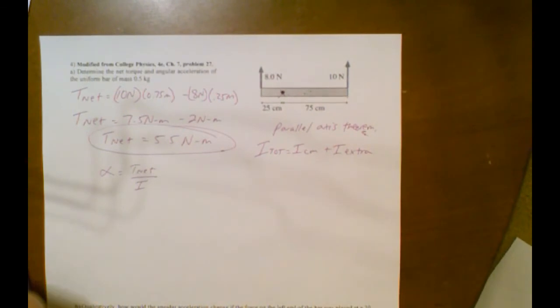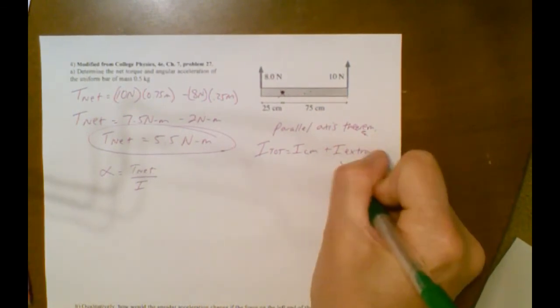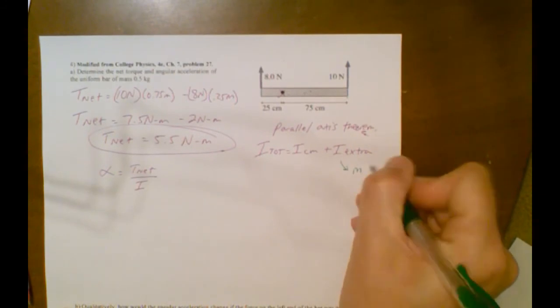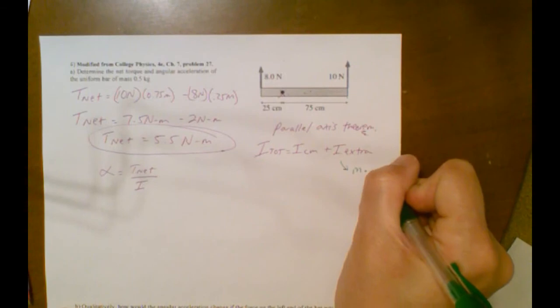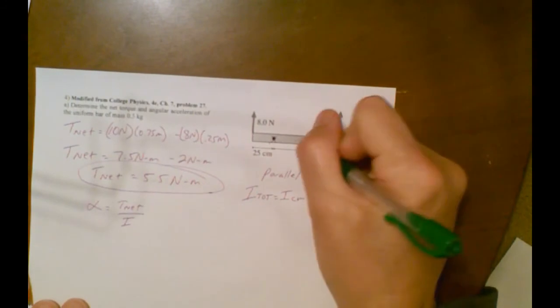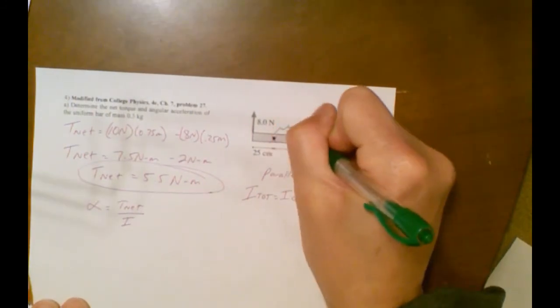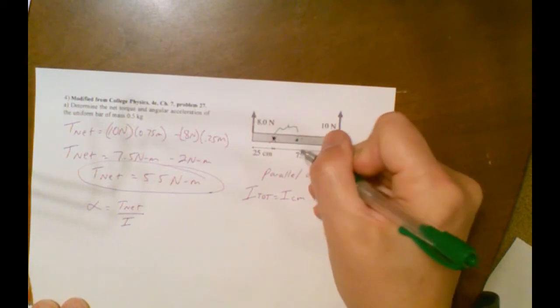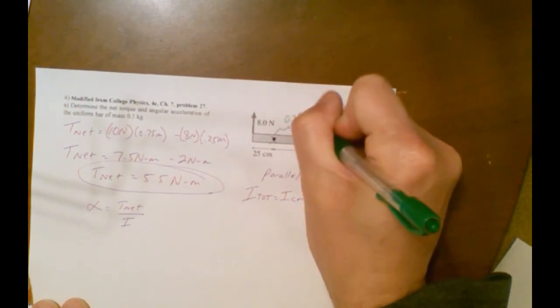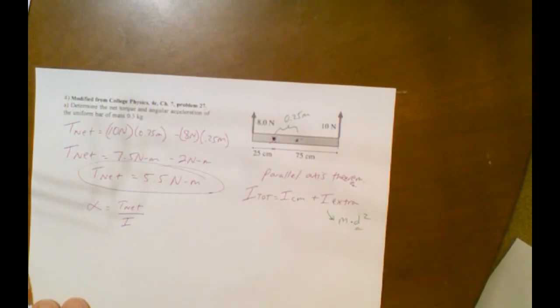And if you recall, we had said that that was going to be the mass of the system times d squared. And that distance is the distance from the rotation to the center of mass. Well, in that case, since it's rotating at 25 centimeters and the center of mass is at the middle, this would be 0.25 meters would be what our d would be here.